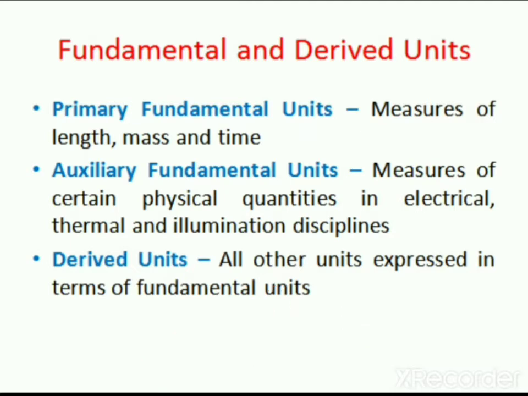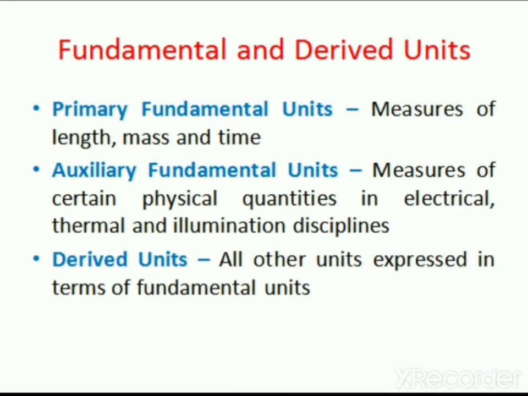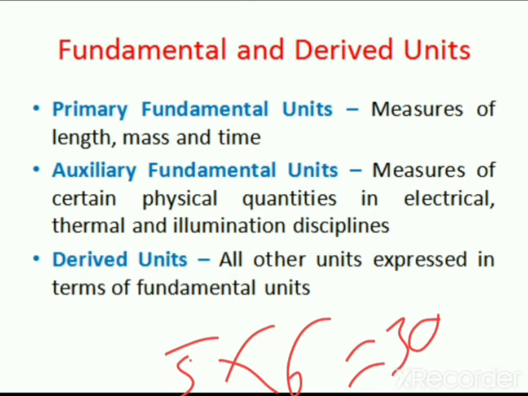Suppose length is 5 and breadth is 6 meters, then the area will be 30, and here the unit will be the product of the unit of length as well as breadth, that means m into m, that means meter square. So here the unit of area will be meter square.